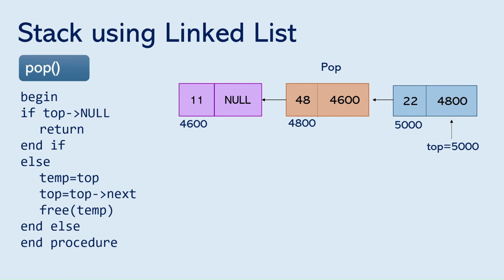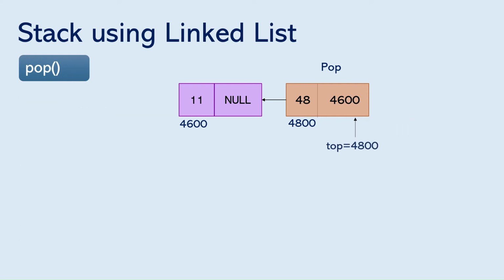So we are basically clearing the location of this one node in our memory so that we can store other data. Now let's see how this will be looking when the top is pointing to the previous node, which is 4800.